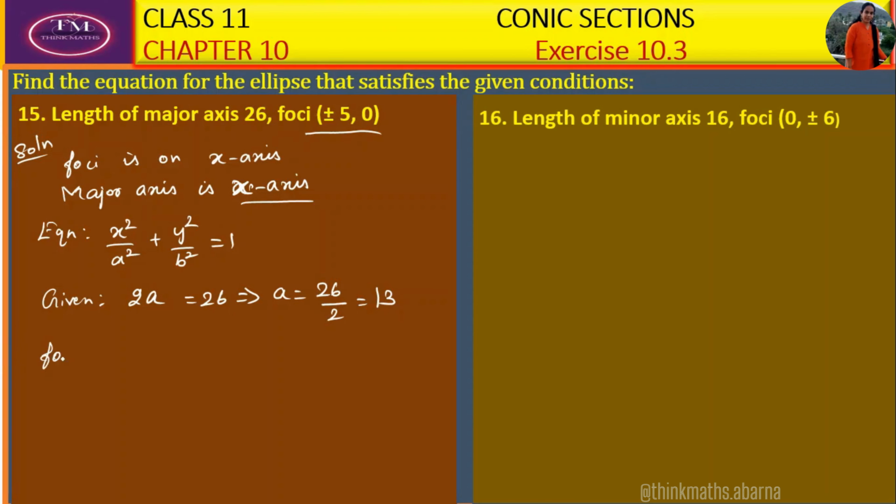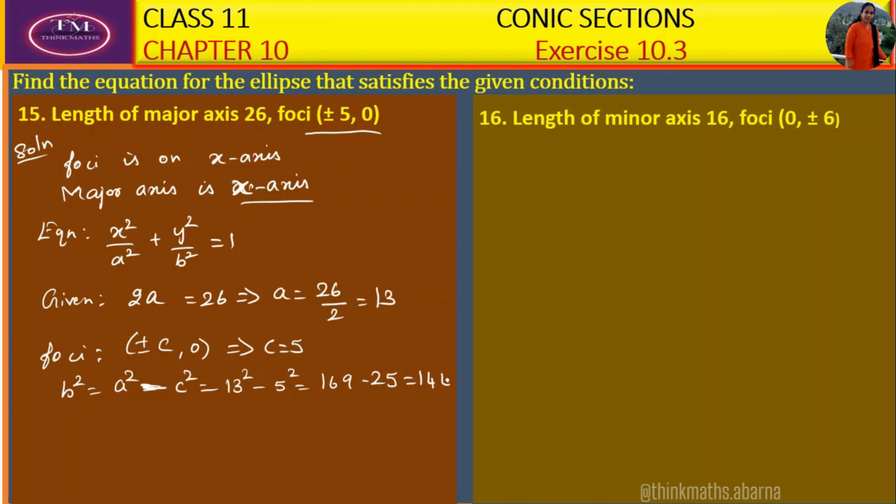Now foci: what is the foci for major axis x-axis? It is plus or minus c comma 0. That means c is equal to 5. We got a and c. Now our work is to find b. So we know b square equal to a square minus c square. What is a square? It is 13 square. c square is 5 square. So 169 minus 25, which is 144.